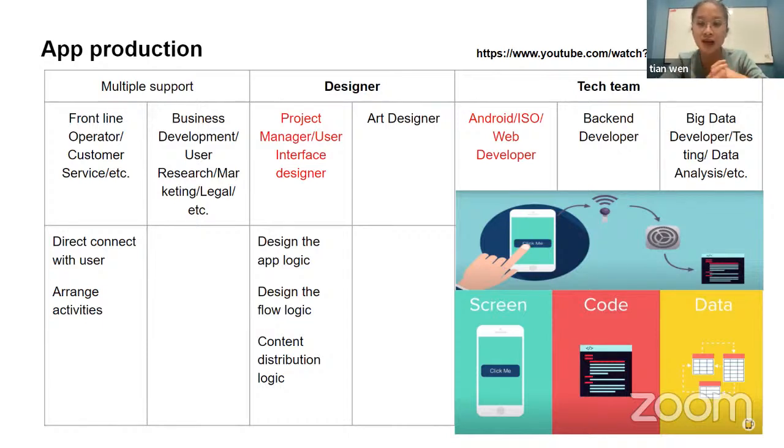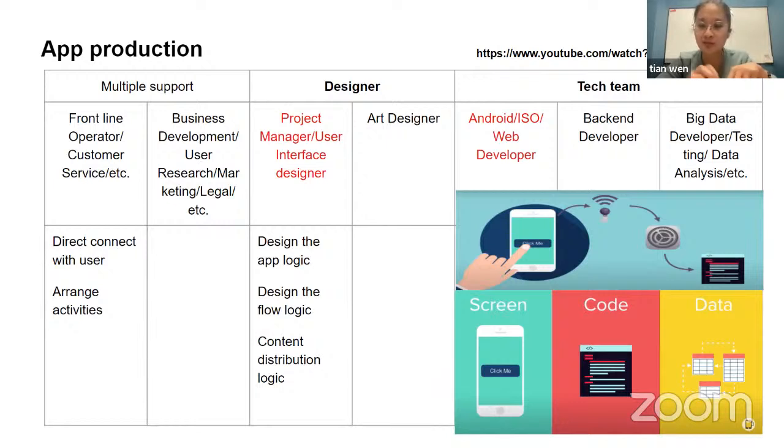Another fundamental part is the developer. Developers are divided into different kinds, so the Android, iOS, or web developers are the most crucial. You at least have to have the interface of the app.